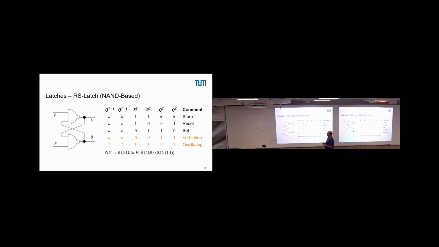Why? Because these two NAND gates have different driver strengths. So it will hang around in this metastable state, consume a lot of power, and then go into one of the two stable states which we cannot predict beforehand. But at least from a theoretical perspective, it oscillates. Yeah? That's why I write oscillating.